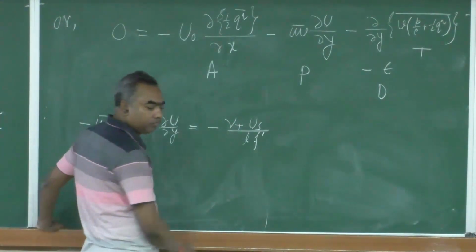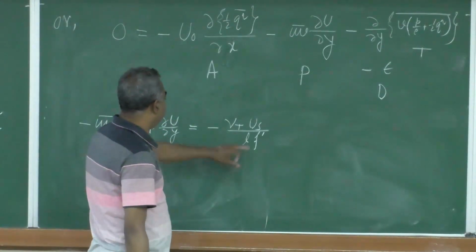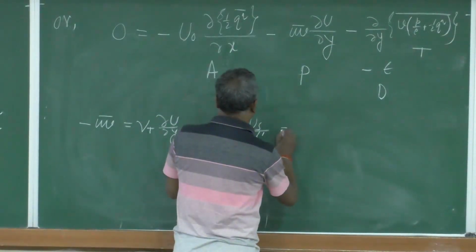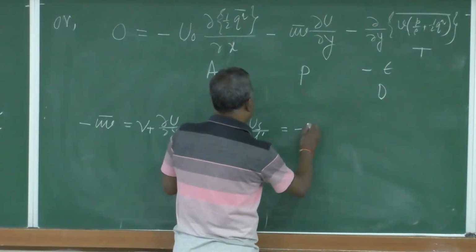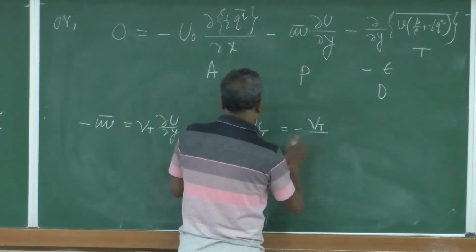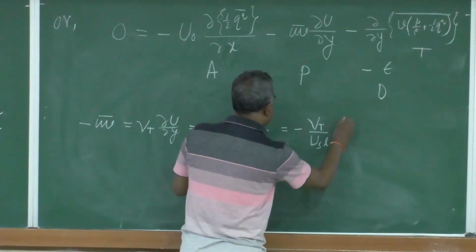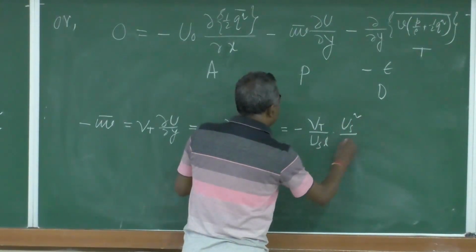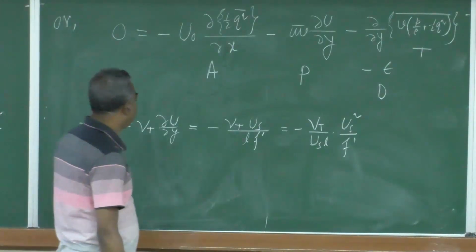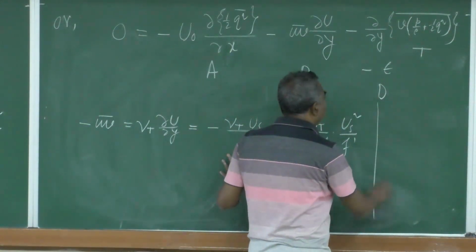So, this is what we got, and here your nu t. Essentially this can be written as nu t by us square L by A prime. Let me check whether I am doing it correctly.